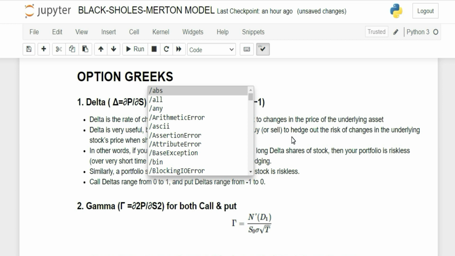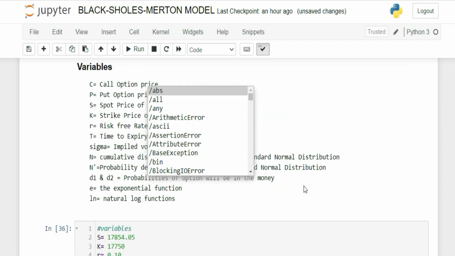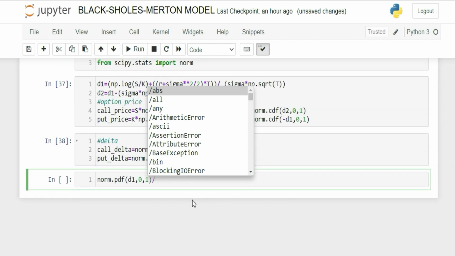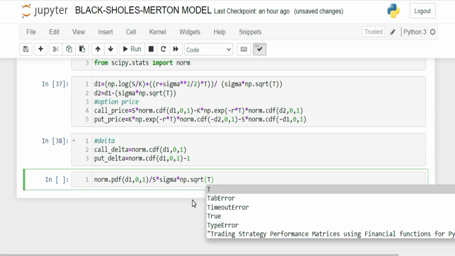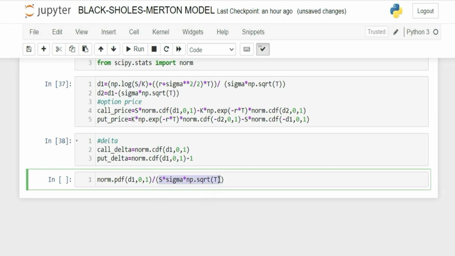So S into sigma into np.sqrt of t, and put it into a bracket.